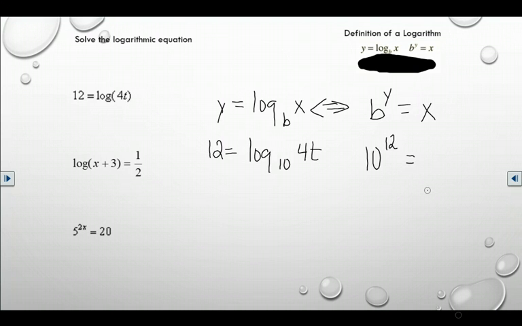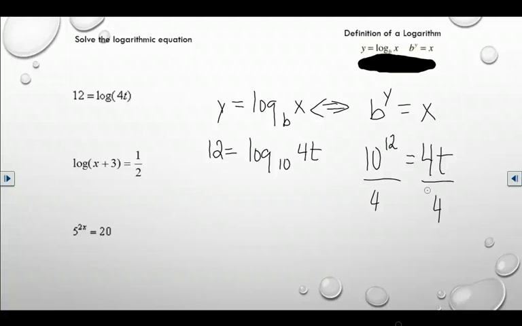Oh my gosh! We got a simple pre-algebra problem. Divide by 4. And t is equal to 10 to the 12th over 4, some big number. Y'all figure that out on the calculator. Okay?